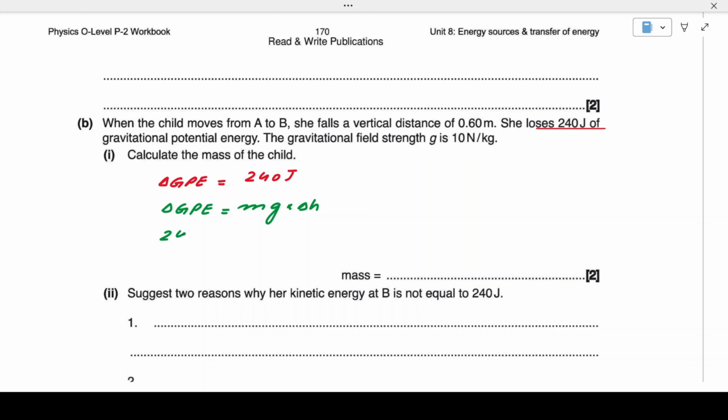So this one is 240. Mass, we don't know. G is given as 10, otherwise we use 9.8. Delta h means the vertical height, 6. So 240 divided by 6, 40.